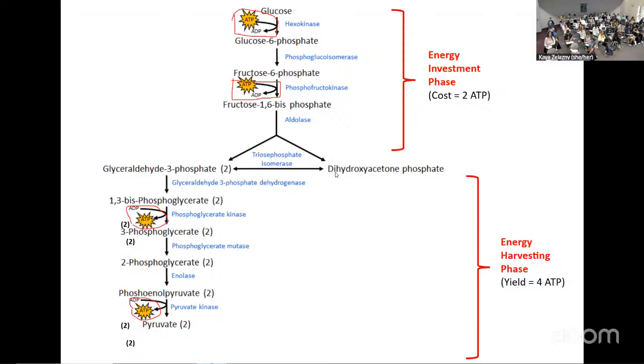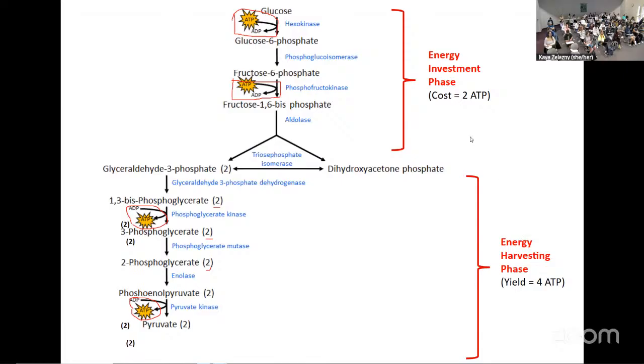And on the other side, this would be happening exactly the same way. So we multiply this by 2. That's why there's a 2 in parentheses, because this is the point where we split it in half. So that's why we say that we have on net 2 ATP produced by glycolysis, because we put in 2 and get out 4, right?